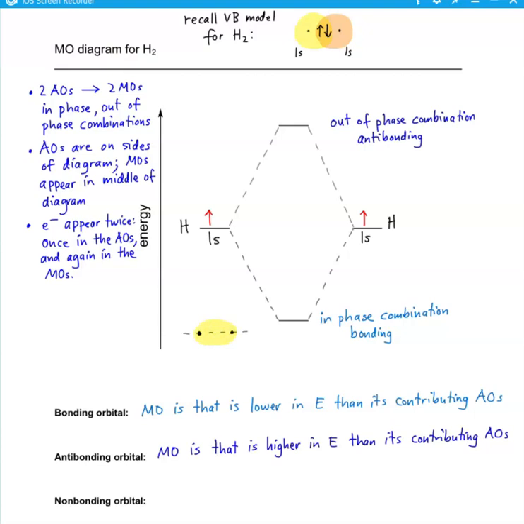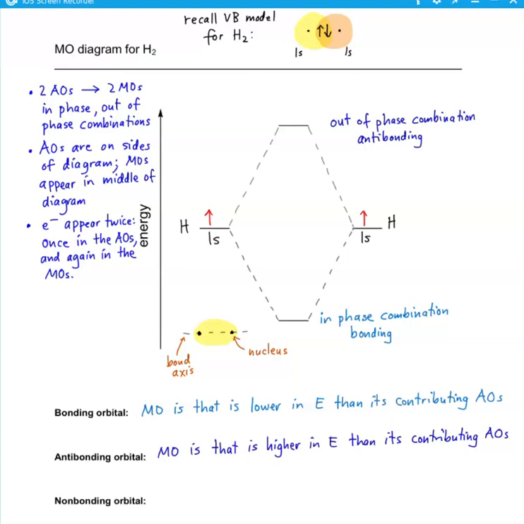That dashed line that I drew initially is the bond axis. And these dots are nuclei. Okay, so this is the orbital that results from the in-phase combination of those two 1s orbitals. Notice that it's all in one phase.